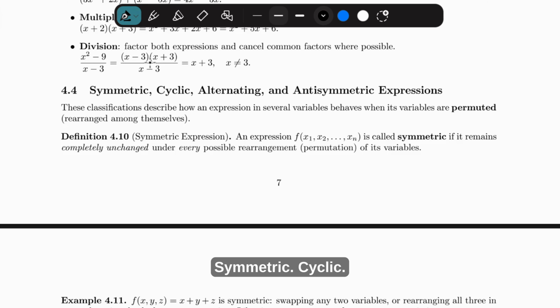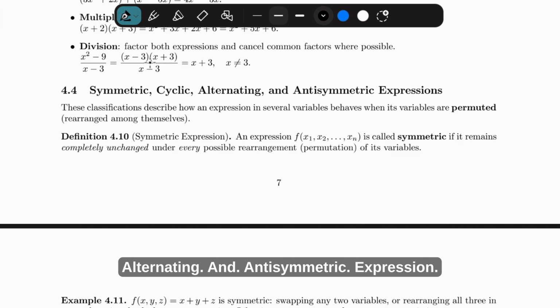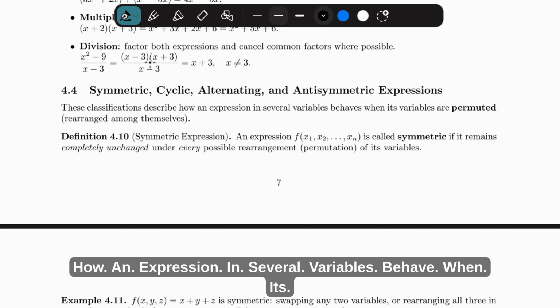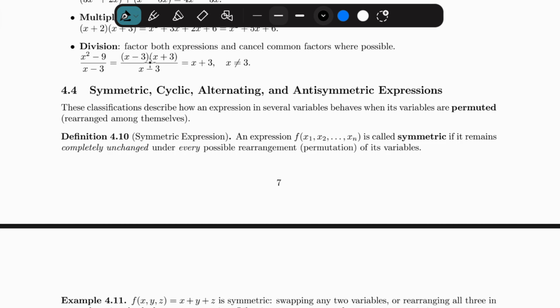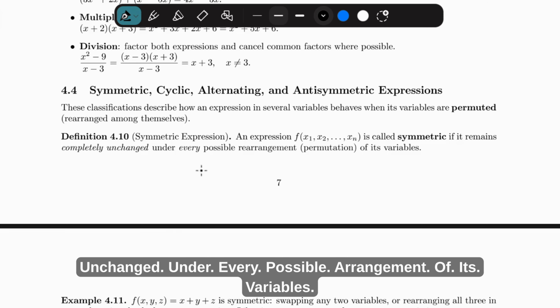Symmetric, cyclic, alternating, and anti-symmetric expressions. These classifications describe how an expression in several variables behaves when its variables are permuted, rearranged among themselves. An expression is called symmetric if it remains completely unchanged under every possible arrangement of its variables.